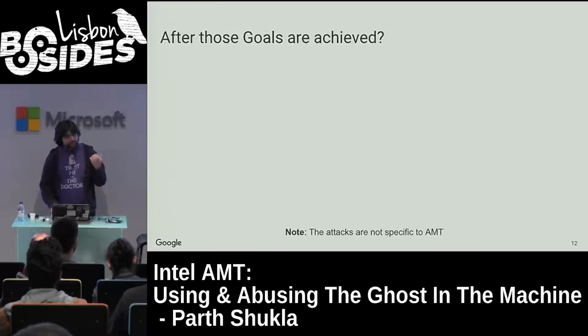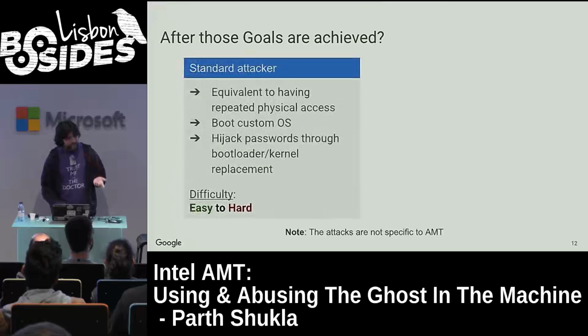Before we proceed to try to achieve those goals, one quick slide on what we can do afterwards. Assume we've achieved that, what can we do next? So you can see an end-to-end goal here. I didn't actually carry any of these out, but this is not specific to AMT, it's just a general exercise. If you're a standard attacker, once you have AMT control, you can use it to restart the machine and boot your own disk.